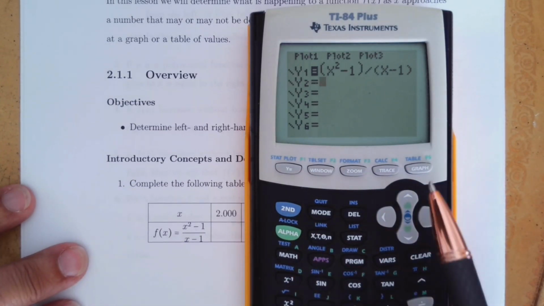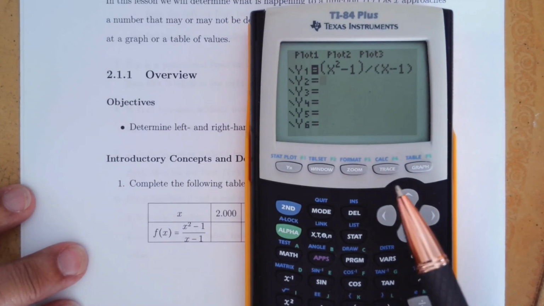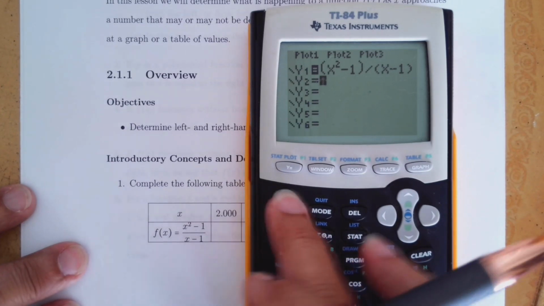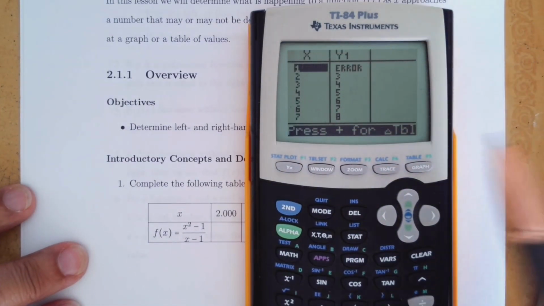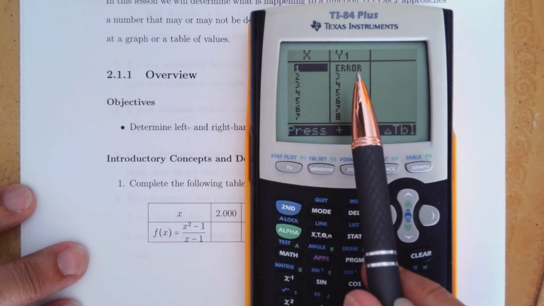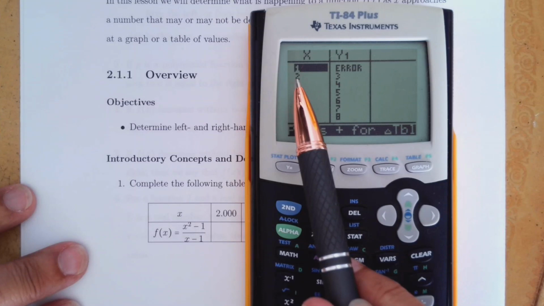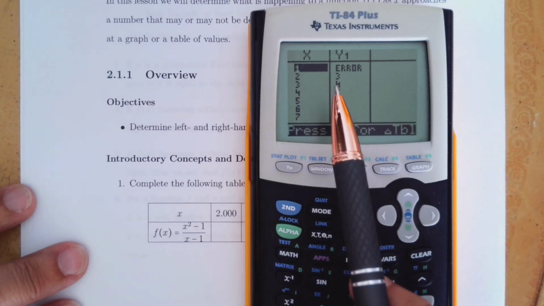And now I want to talk about your table, okay? If you go to your table right now, which is second function graph, the blue, so second graph, you would probably see all the numbers. So it's showing you when x is 1, we got an error because remember, you can't use 1. When x is 2, y is 3. When x is 3, y is 4.